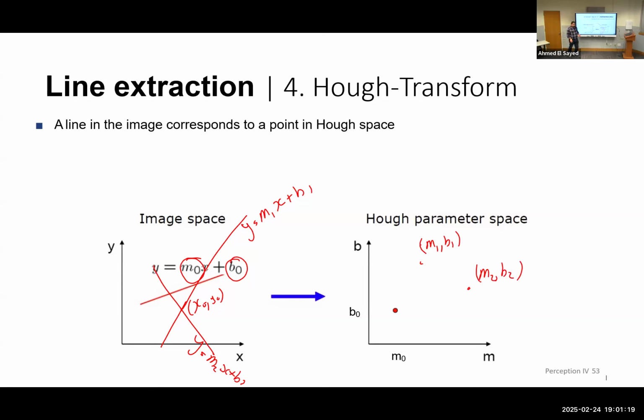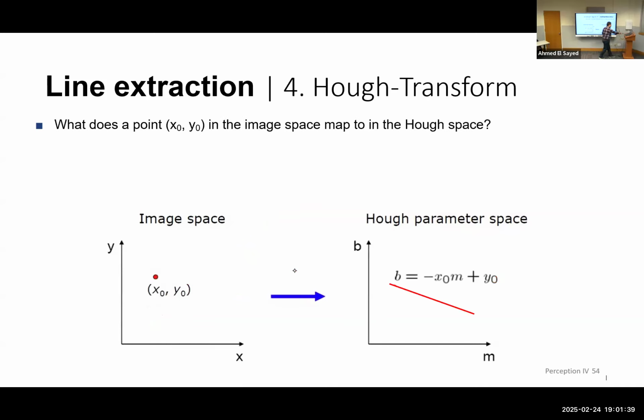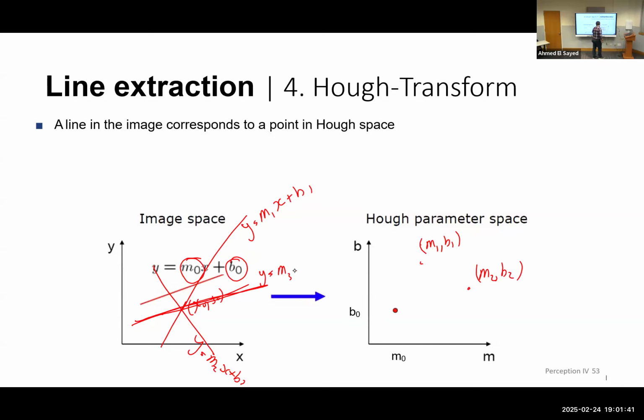Agree? How many lines can pass through this point? Can we try it? I can have one like this, which is y equals m3 x plus b3. I can have another one, M4 B4.